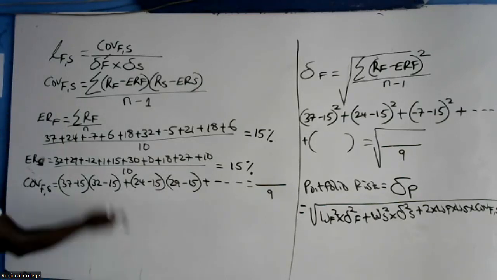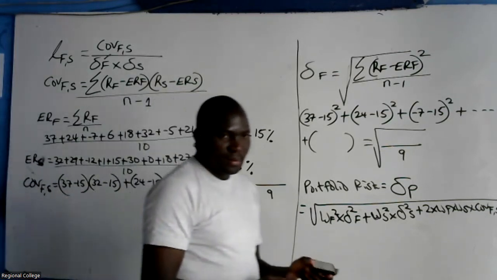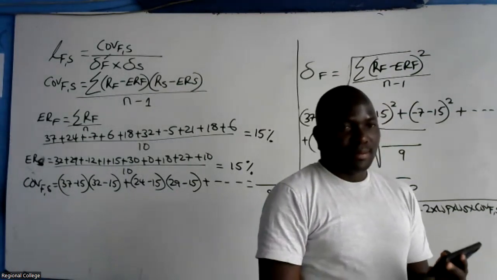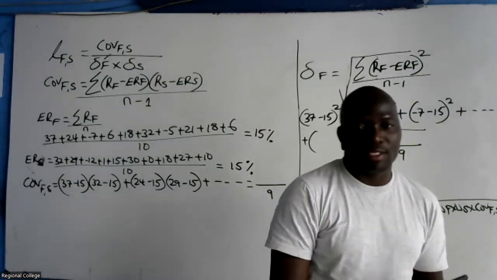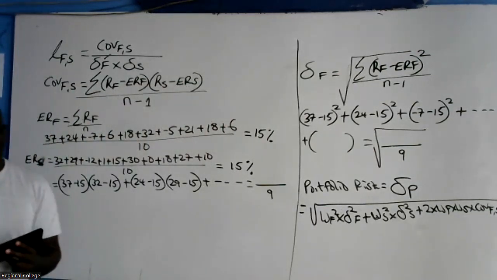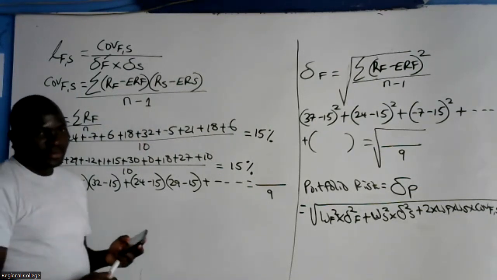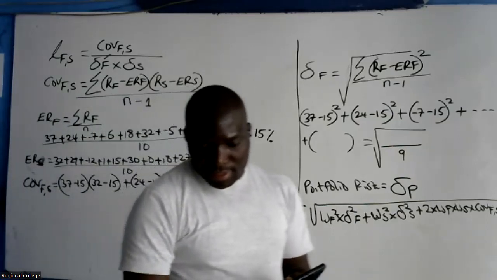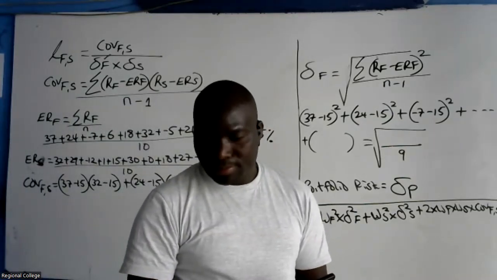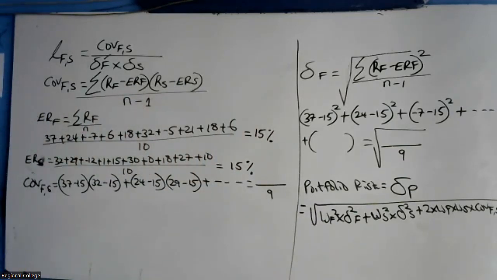The total weight is always 1. The total of the weights is like the total of probability; it must be 1. So total of weight of F plus weight of S is 1.